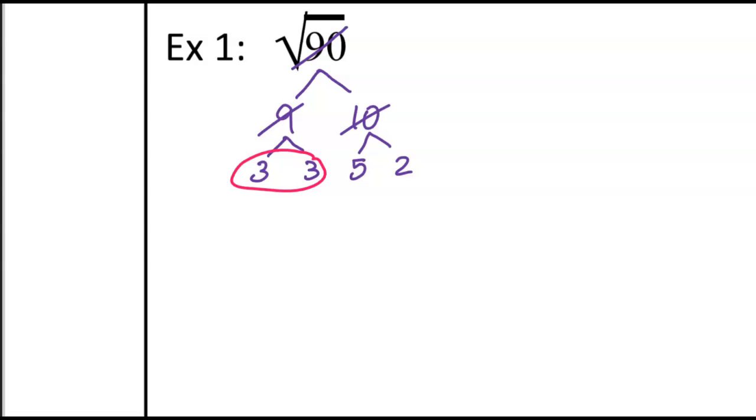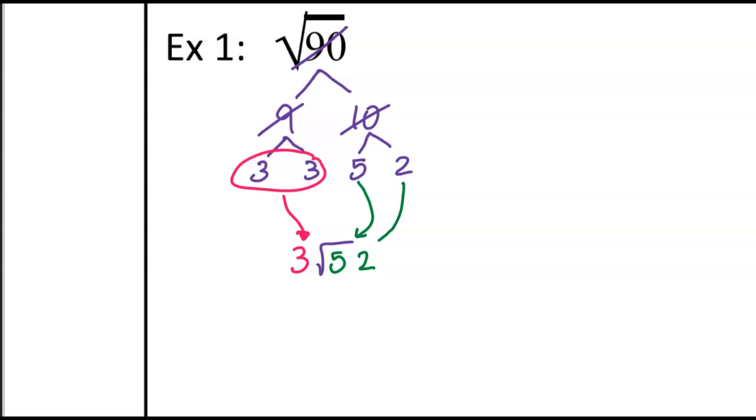No. So now we create our square root, our radical. You write one representative for your pairs on the outside of your radical. So I'm writing a single 3 on the outside. Then I take my leftovers and I write them on the inside of my radical.